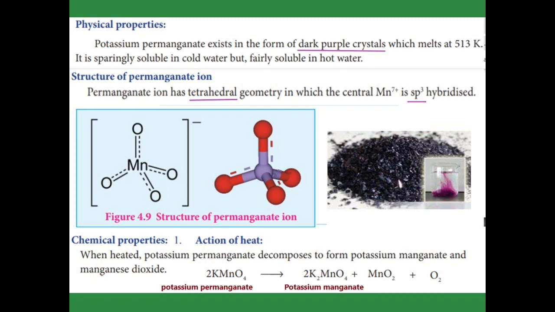Chemical properties. First, on heating, potassium permanganate decomposes and gives potassium manganate K2MnO4, along with manganese dioxide MnO2, and then oxygen.